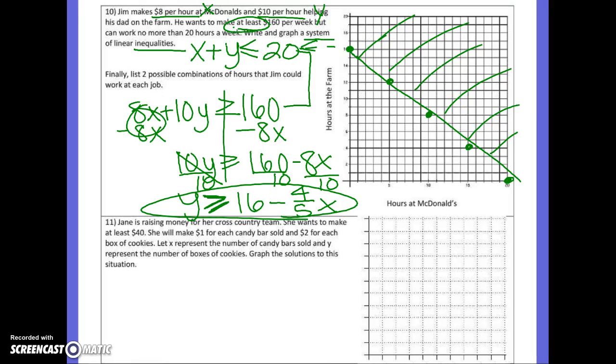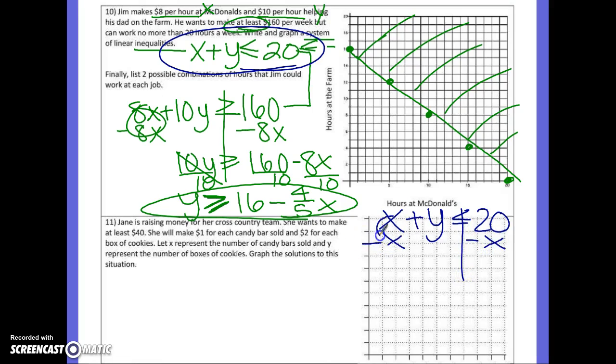But since we have a system, we have to have our other line in there, our other inequality. So I'm going to go back to this one, and I don't have room, so I'm going to throw it over here. X plus y is less than or equal to 20. I want y alone, so I move my x over. Y is less than or equal to 20 minus x. So I'm going to go to 20, down 1 over 1, all the way through my graph.